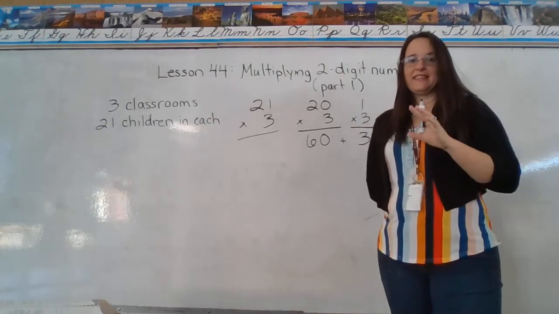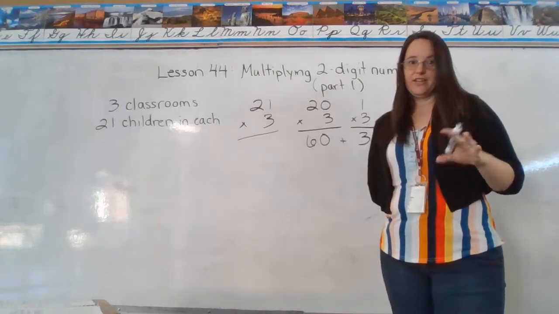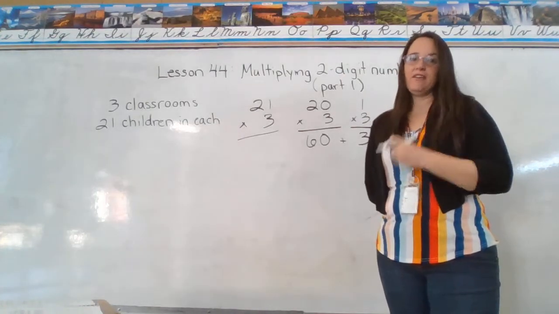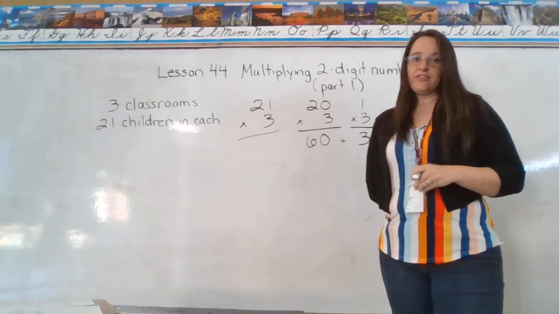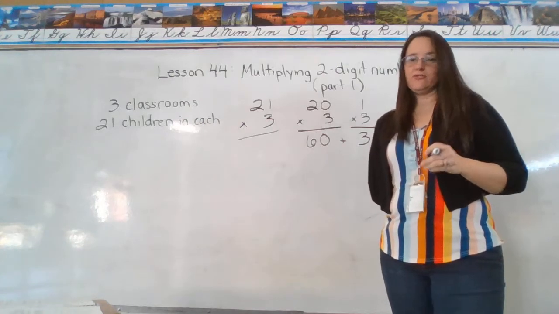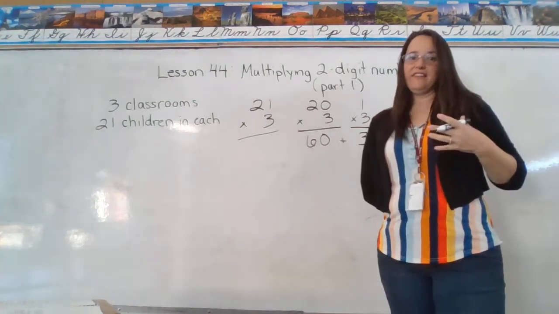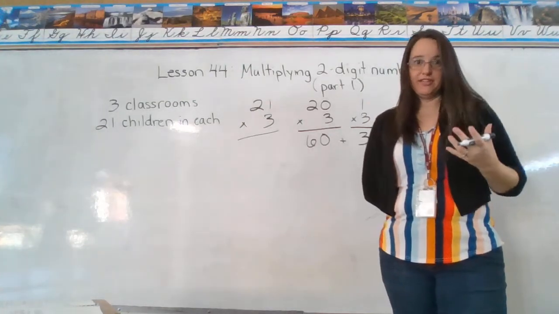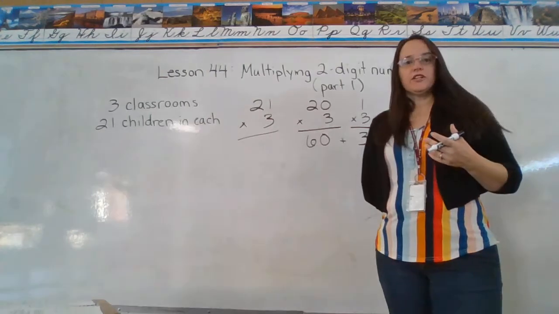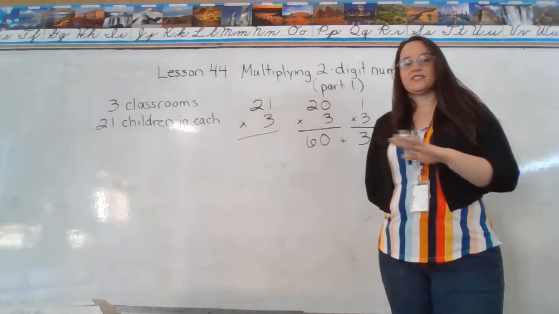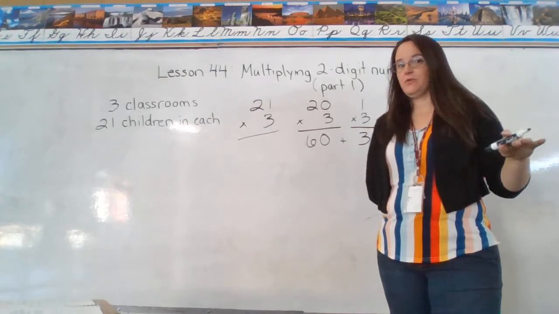Well, from this point forward, we don't draw pictures for this type of problem anymore. First of all, I don't think any of you want to be drawing 2-digit numbers, 21, 61, 85, 3 times, or whatever it is we're multiplying. So we're going to learn how to do this just the straight math algorithm way.